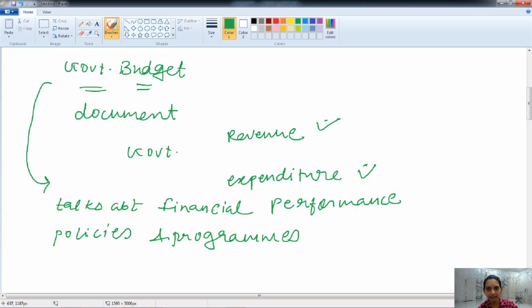It is important for the individual because they know how their standard of living is affected by any changes in the policies of the government, and therefore each and every individual is eager to know what is new or what the change is in the government budget.